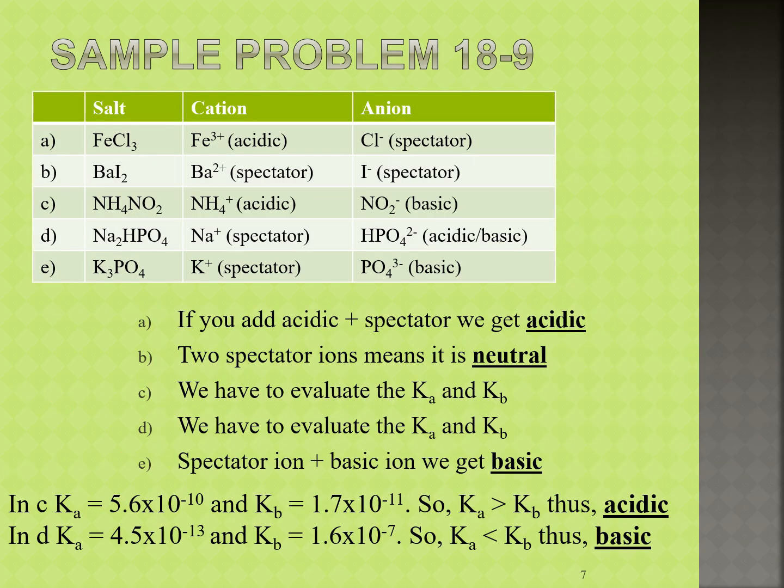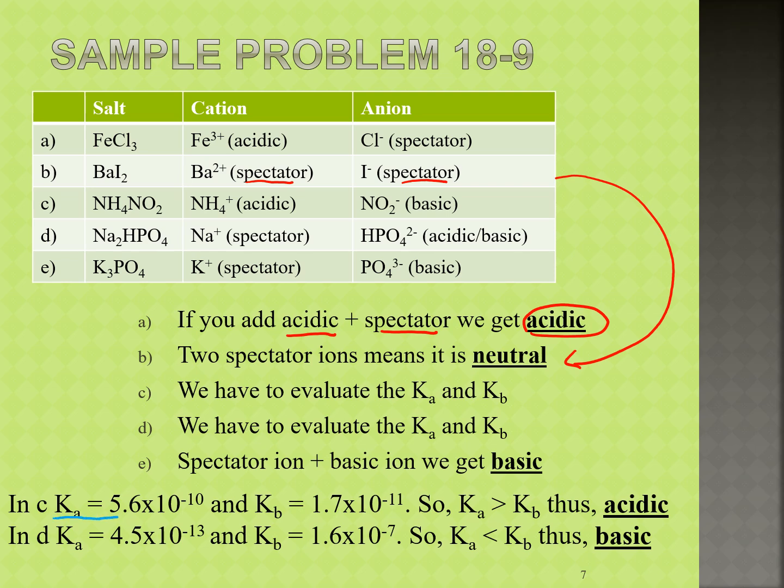See again for like A, that was easy, right? Acid plus spectator. We got acidic. For part B, neutral, neutral. We're going to get neutral. Right? For part C, we had a Ka and a Kb because we had an acid plus a base.